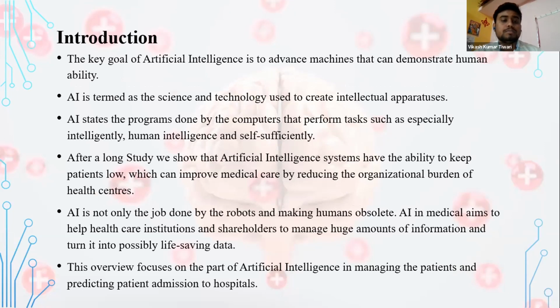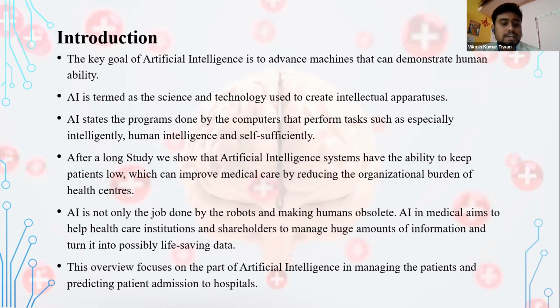Here is the introduction about my paper. Artificial intelligence is a machine. Before, when people visited a hospital or somewhere else, they couldn't predict which doctors were present, which places were available, and so on. Nowadays artificial intelligence makes it possible that we can know about each and everything. In this way, artificial intelligence makes our life easier, our healthcare system easier.